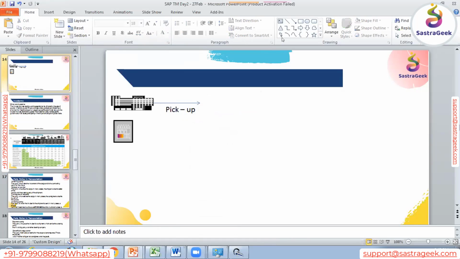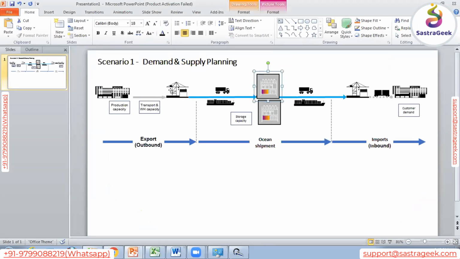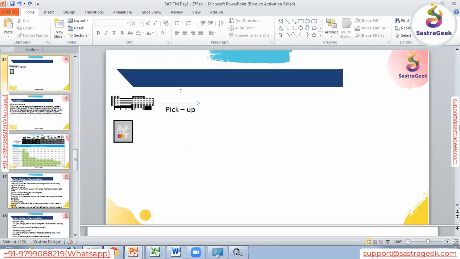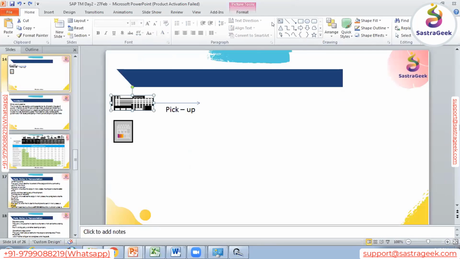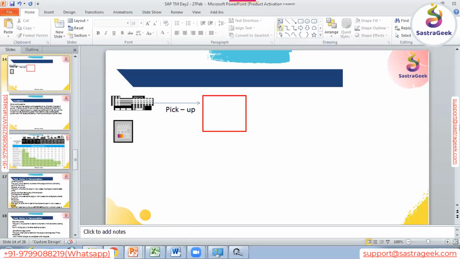Now in its facility, it arrives at a CFS.